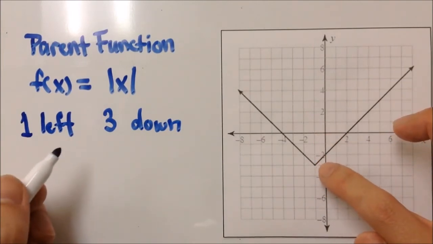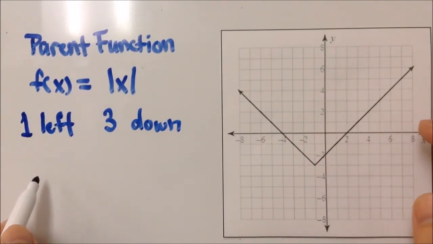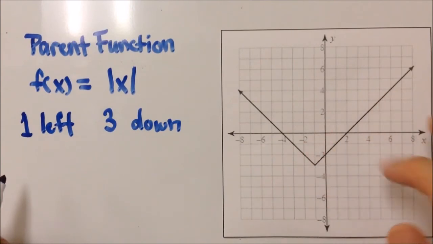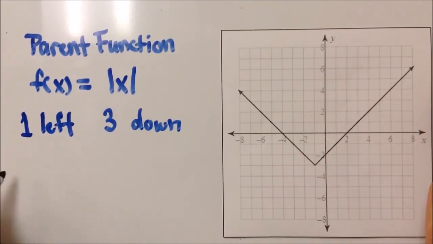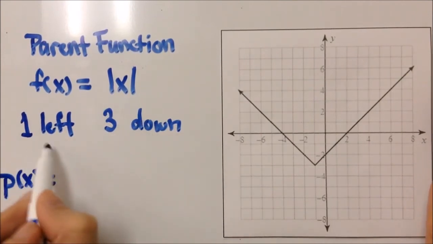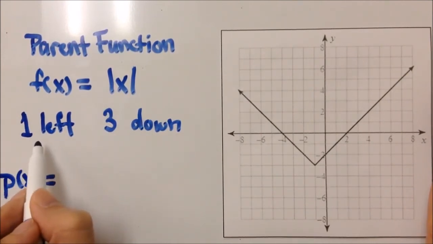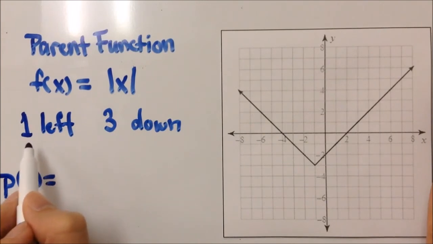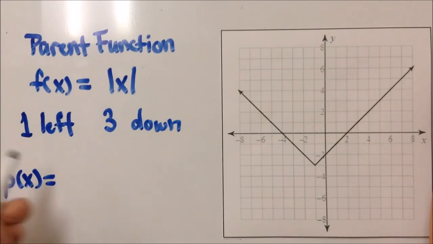So that's the vertex. Now we're going to write the equation for the transform absolute value. Say it's p of x equals, now since we have one unit going to the left, that is within the function, within the absolute value.